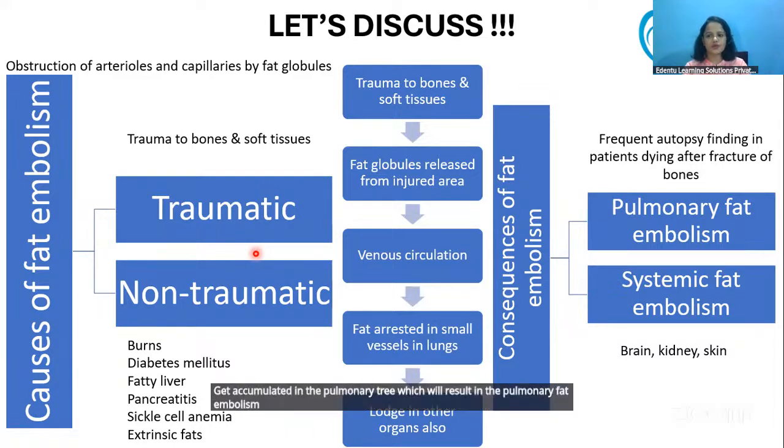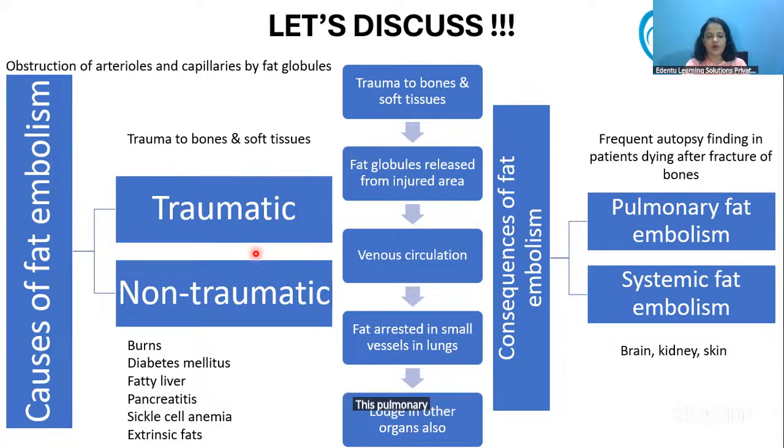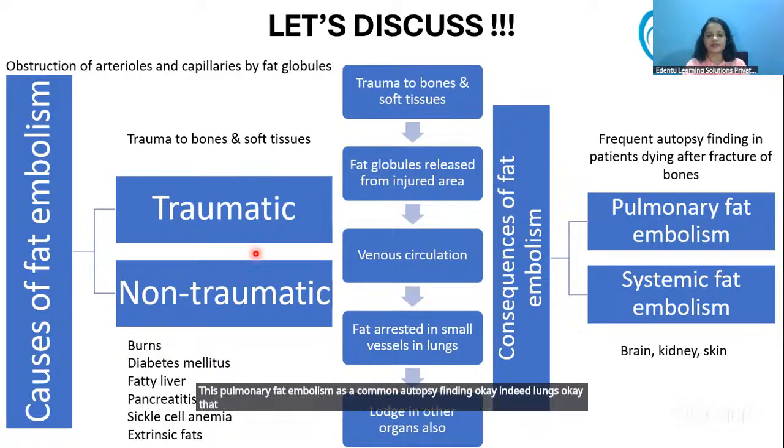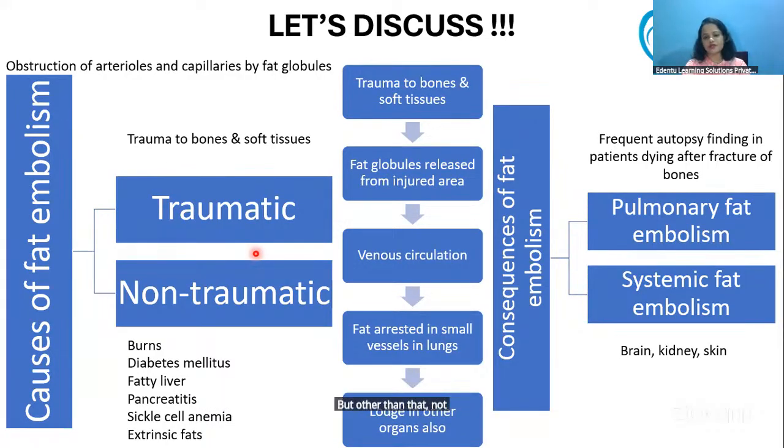If you look at the autopsy picture of any patient who had a sudden death after the fracture of bones, you can see this pulmonary fat embolism in the lungs as a very common autopsy finding. But not just the lungs, it can also get accumulated in the brain, kidney, and skin.